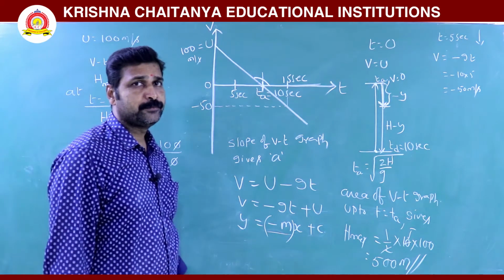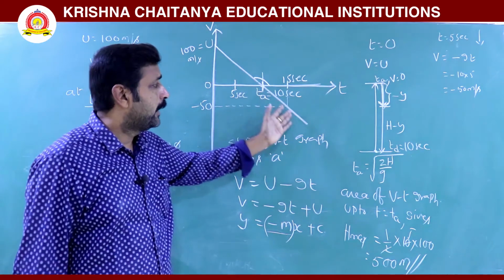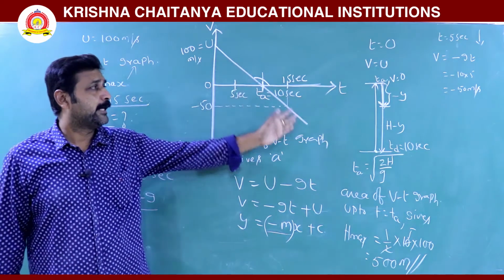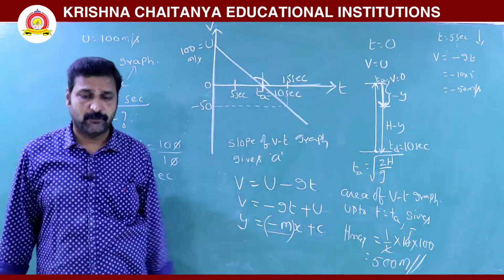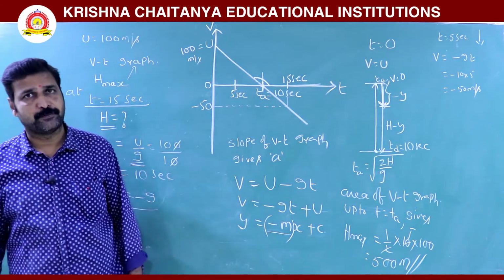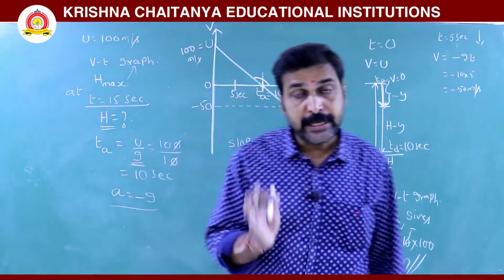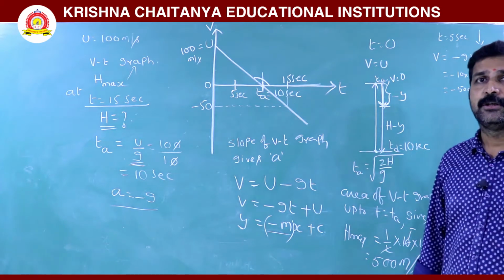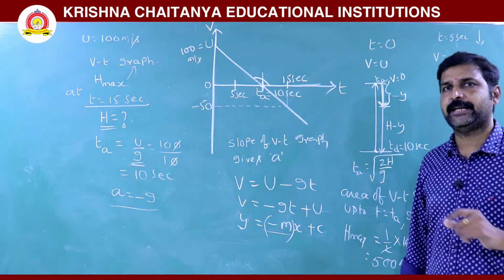If you observe, for downward motion also, I draw the graph on the negative axis as a continuation of the same graph. Why? Because in the downward direction also acceleration is minus g. That means again it is negative. So when it is negative, the slope is negative.